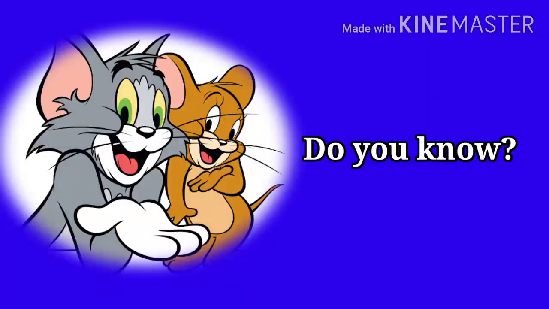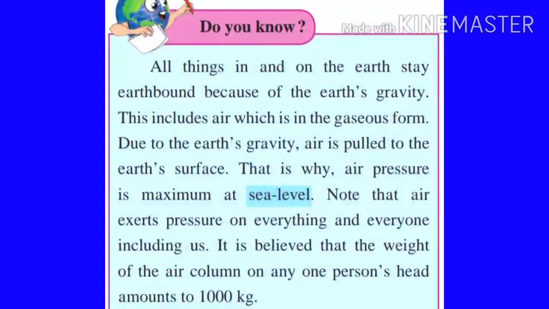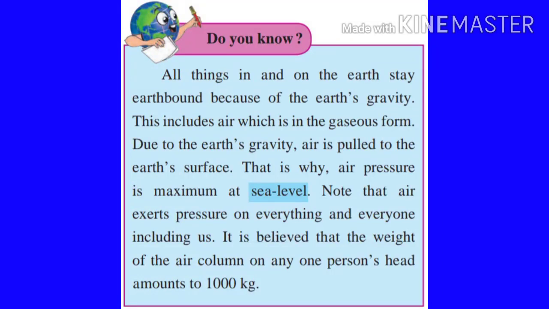Do you know? All things in and on the earth stay earthbound because of the earth's gravity. This includes air which is in the gaseous form. Due to the earth's gravity, air is pulled to the earth's surface.